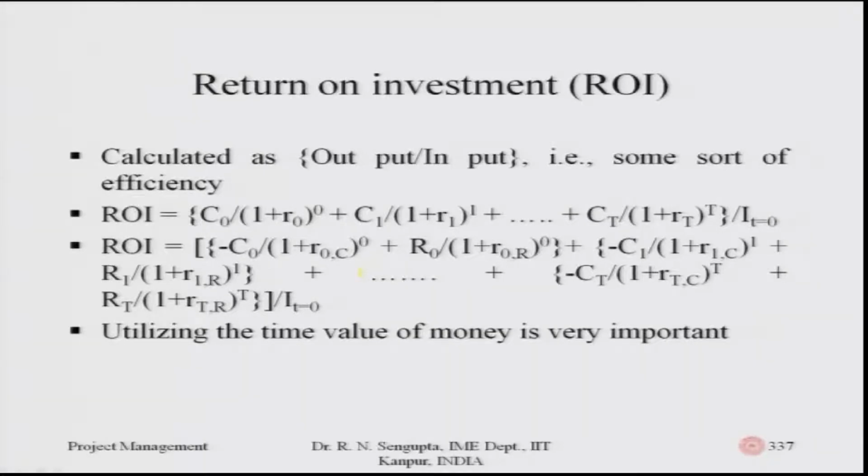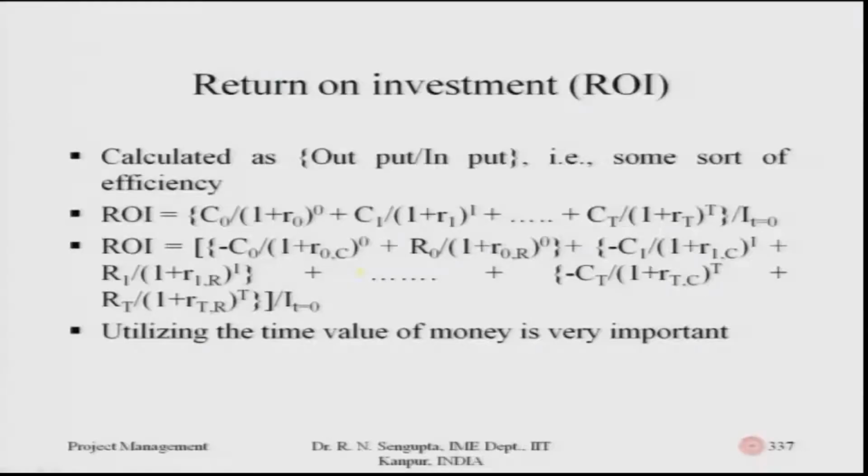So, if I am calculating my return on investment based on the fact that the overall quantum of investment is happening, plus and minus, at any point of time t equal to 0, t equal to 1, 2, 3 till the last value t equal to capital T, and the input output cumulatively at each point of time is given by C suffix 0, C suffix 1 till the last value, which is C suffix T.